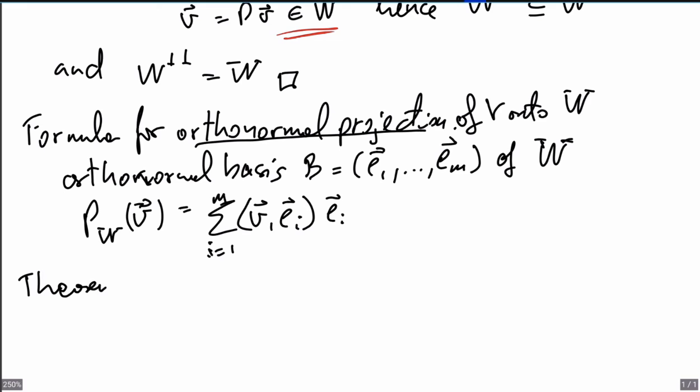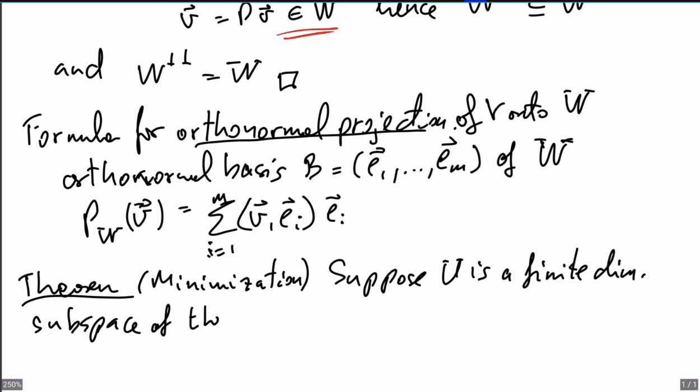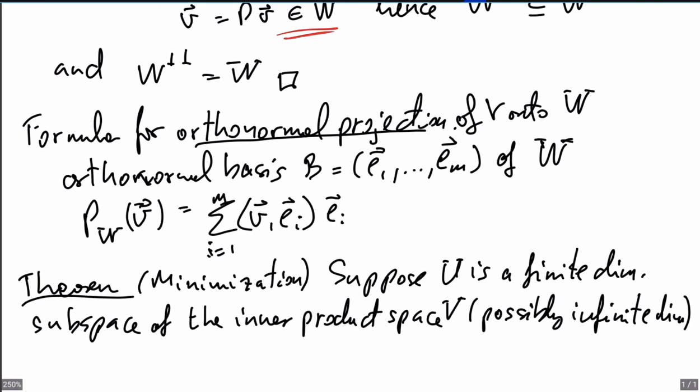So the next theorem is the main theorem of this section, which is actually the minimization theorem. It says that suppose U is a finite dimensional subspace of the inner product space V, which is possibly infinite dimensional. We don't know that, and we don't have to know that.